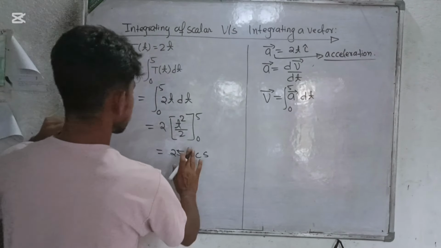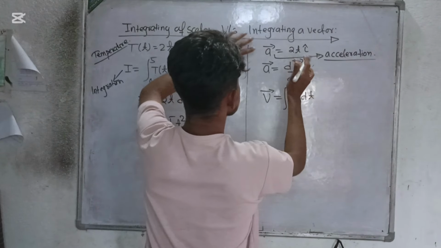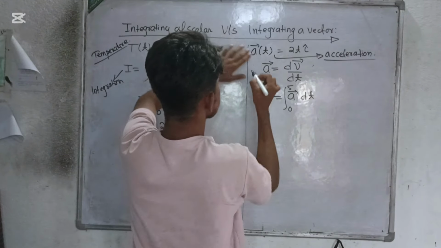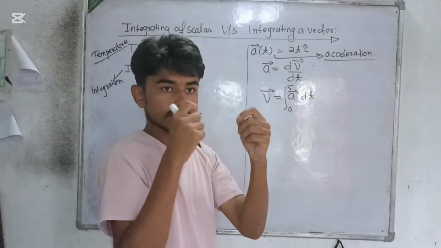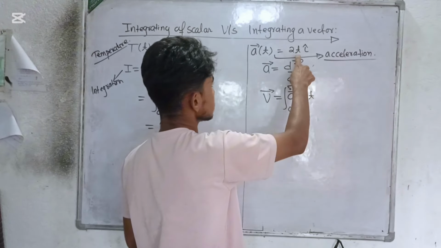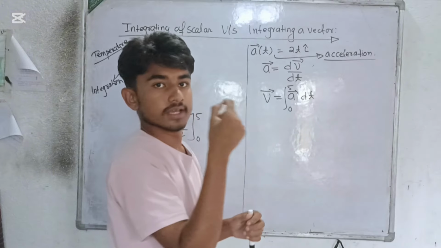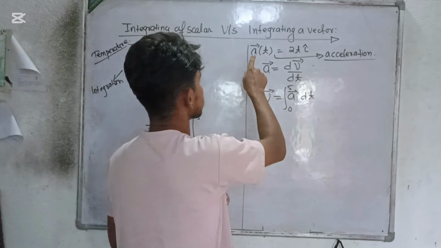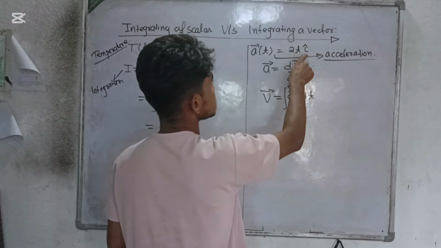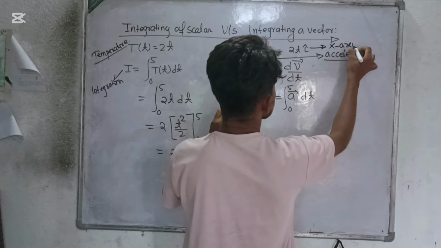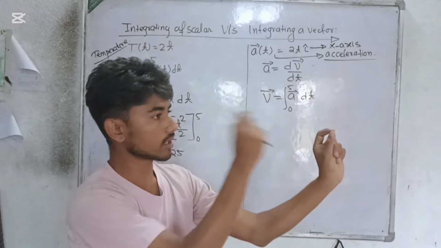We know that acceleration is also a function of time. For 1 second the acceleration could be 2 meter per second square, and for 2 seconds it could be 4 meter per second square. Let us say we are looking at the motion of a particle along the x-axis.